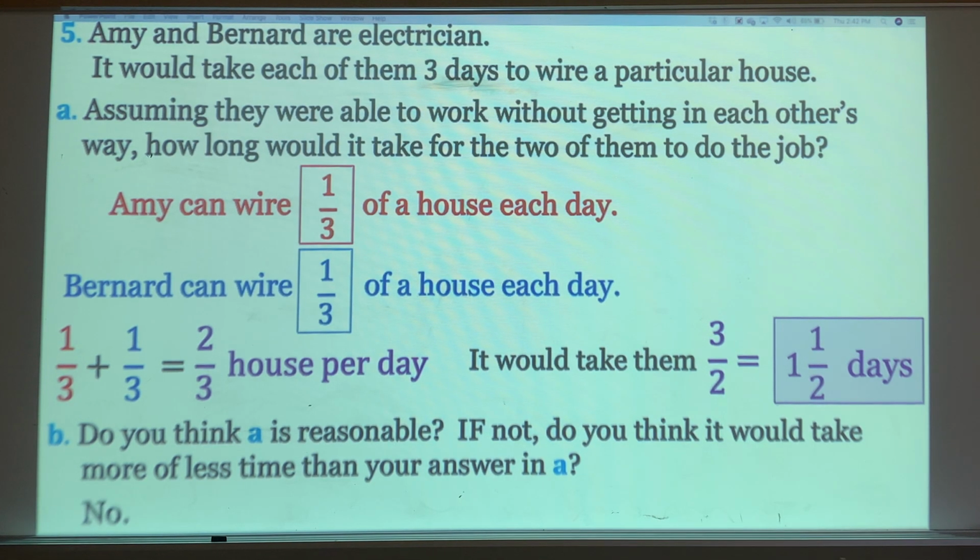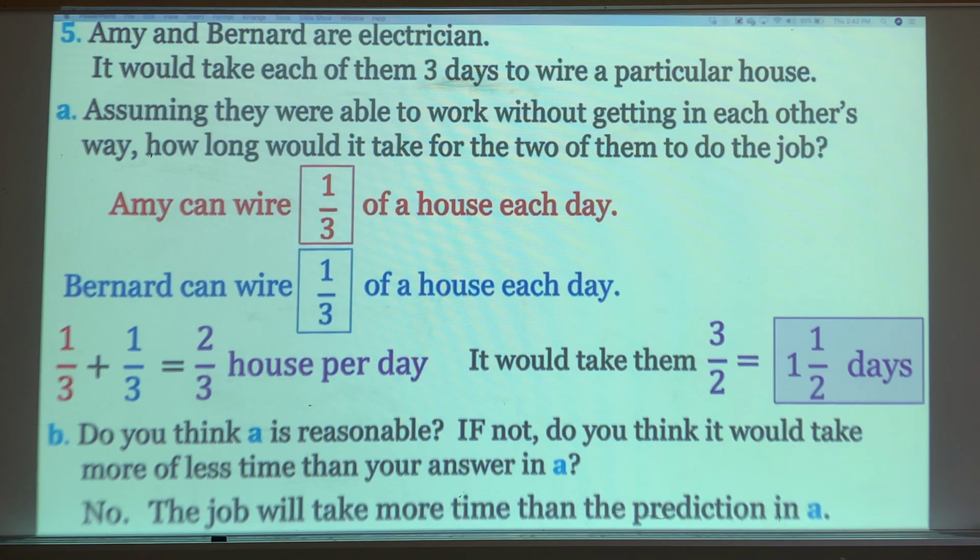Yeah, no, it's not reasonable. The job would probably take more time than the prediction. You wouldn't just say divide this number by 2. I think it's reasonable, I don't know why they don't like to be reasonable.